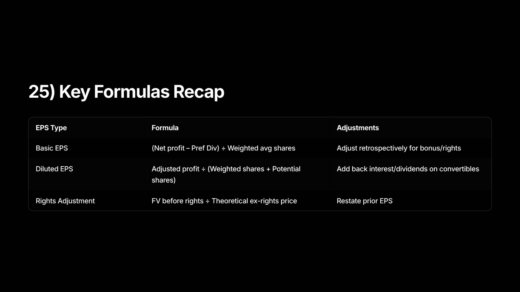When calculating adjusted profit, add back any interest or preference dividends from convertible instruments. Rights issue adjustment equals fair value before the rights issue divided by the theoretical ex-rights price. Use this factor to restate EPS for prior periods.